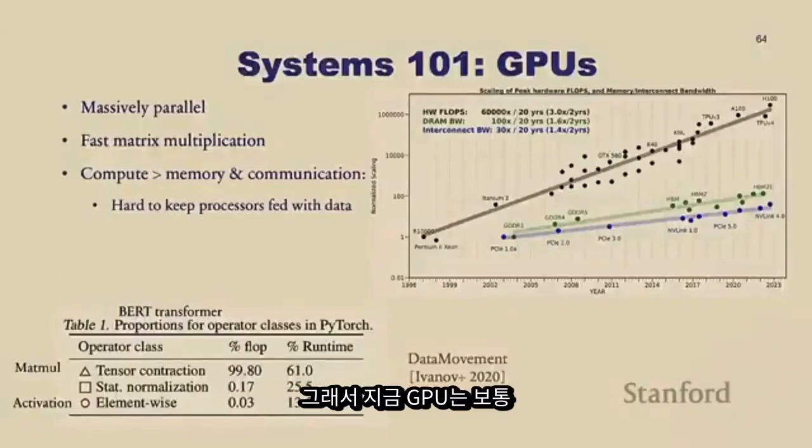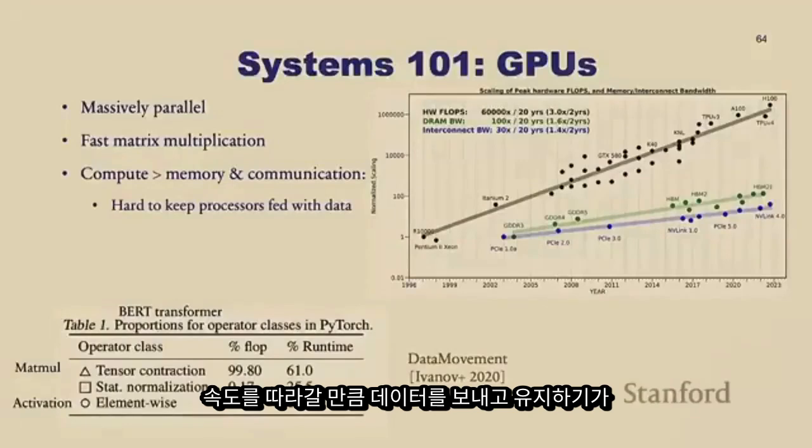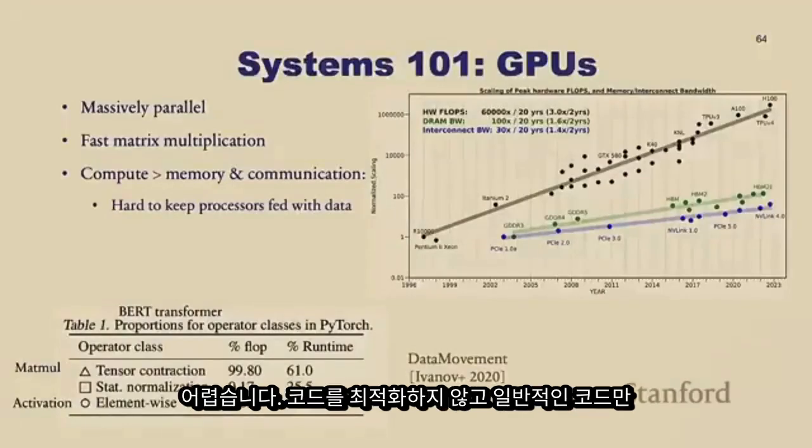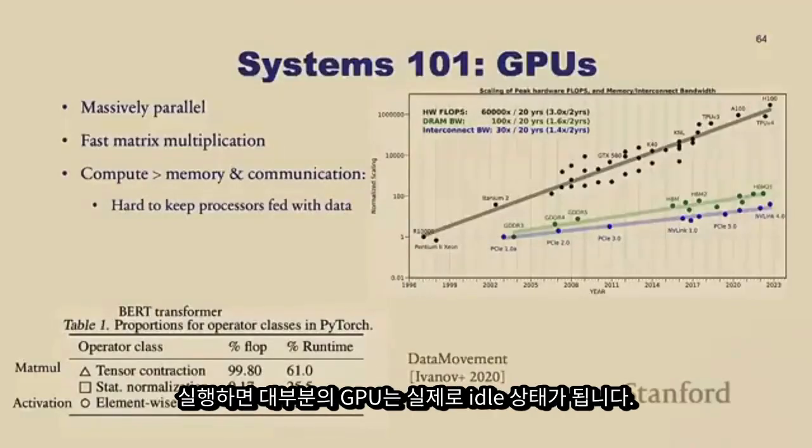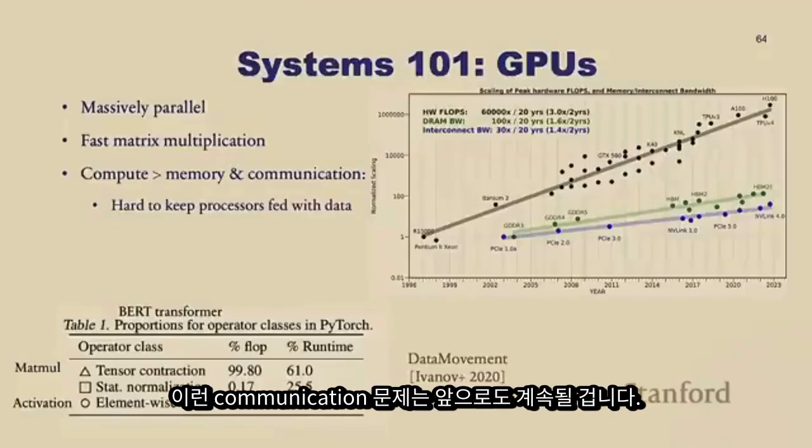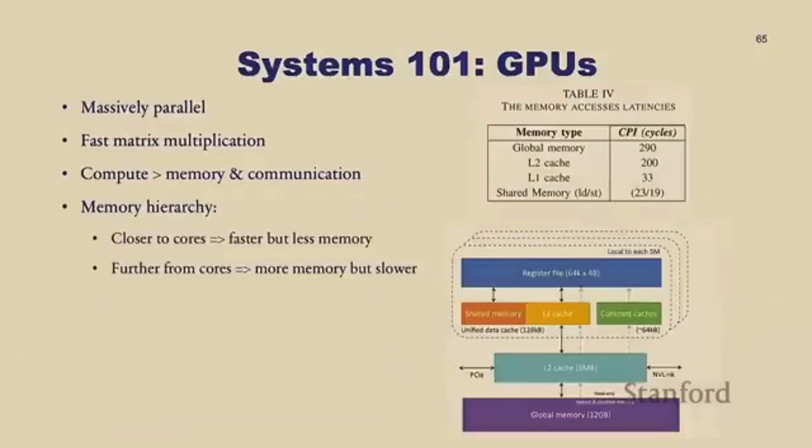So the data you send to GPUs is hard to keep up with the processing, and most of your GPUs are going to be idle if you just run normal code without optimizing it.